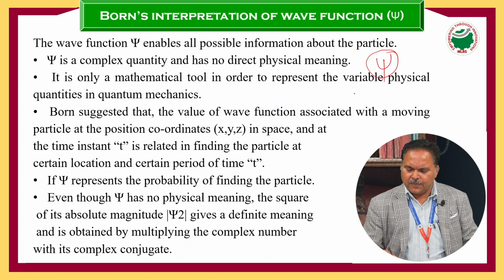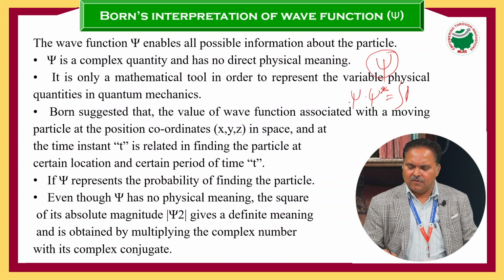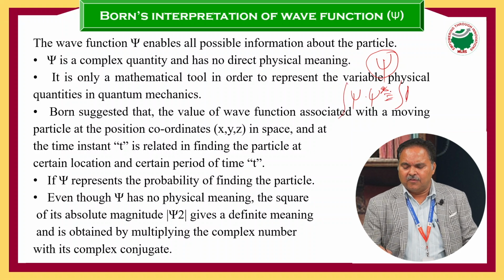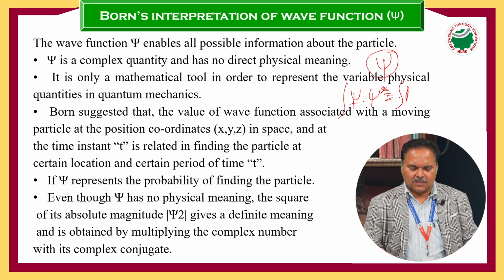But if you multiply it by its conjugate, psi into psi star, you will get the maximum probability of where the particle will be. That tells where the particle is inside the potential box. Psi and psi star give the probability of finding the particle.